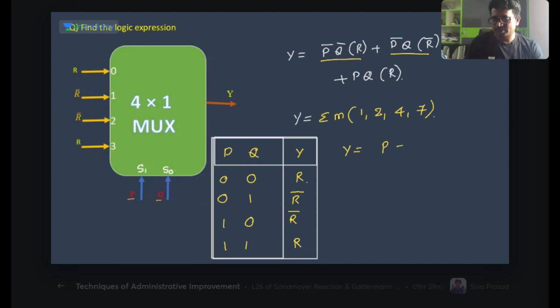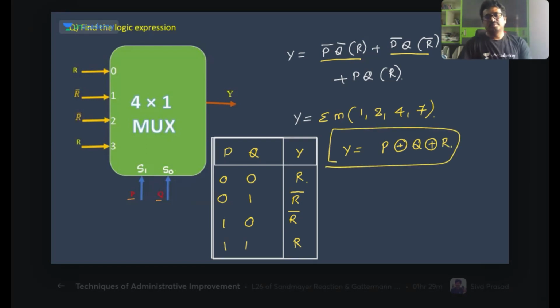So this is P XOR Q XOR R. The 1, 2, 4, 7 operation is called the XOR gate, P Q R.